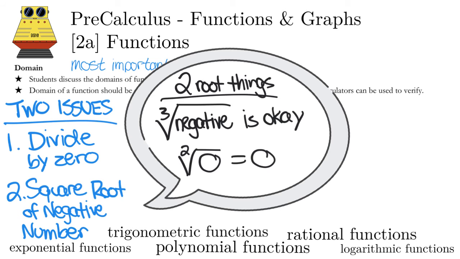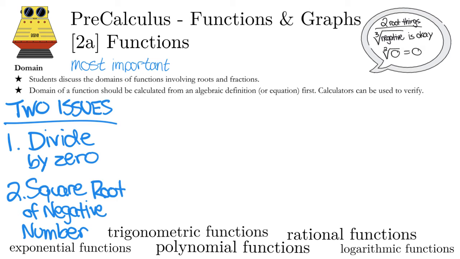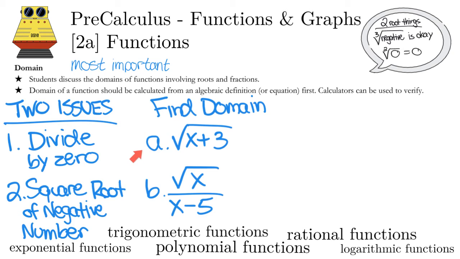Now that we are reminded of or now know those 2 things, let's find the domain of 2 separate functions. A, f of x equals the square root of x plus 3, and b, g of x equals the square root of x divided by x minus 5. For the square root of x plus 3, in order to avoid the square root of a negative number, what we need is the expression x plus 3 to be greater than or equal to 0.